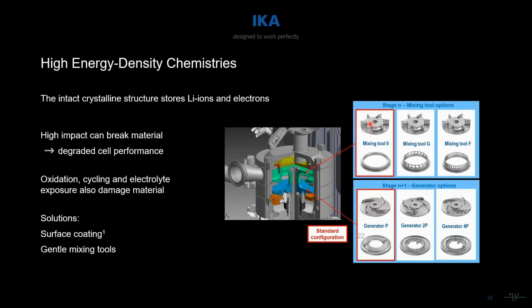So we are not imparting a ton of shear energy here. And as we move to the right, we see more and more shear energy being imparted as these gaps get smaller and smaller, forcing the particles to move through there. So if you have a breakable material, make sure you're choosing a gentle mixing option.